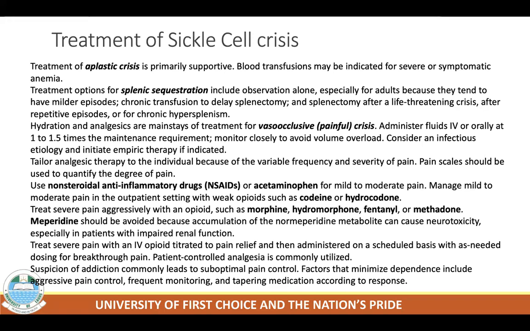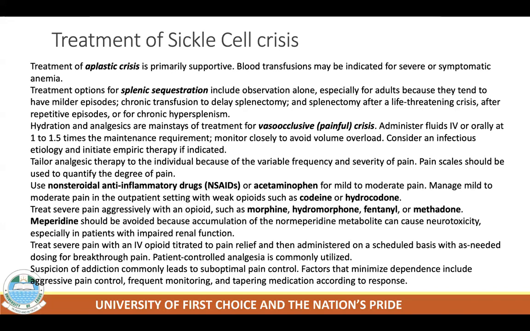Then you monitor the patient. If orally, of course, that means you are looking at the person drinking about 5 to 6 liters in a day, right, for adults. Then you need to monitor closely to also avoid volume overload, right?